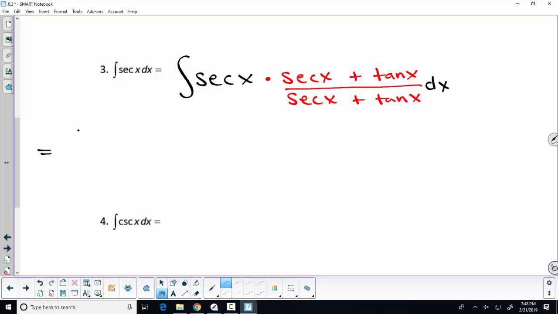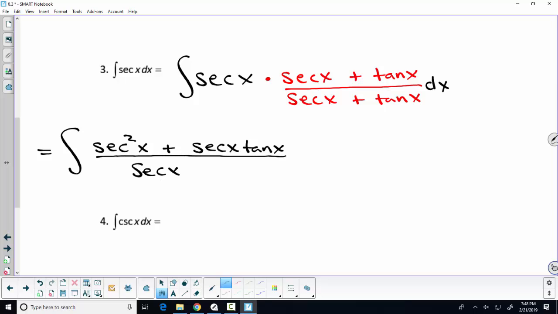Multiply through the numerator to get the antiderivative of secant squared plus secant tangent, all over secant plus tangent.